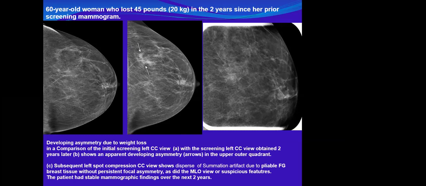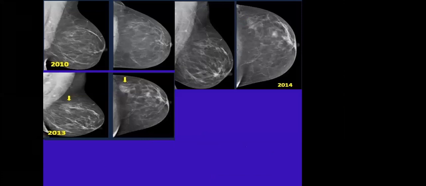No associated suspicious features, so they are just going to follow it. It was stable over the next 2 years. So this developing asymmetry is due to the weight loss.